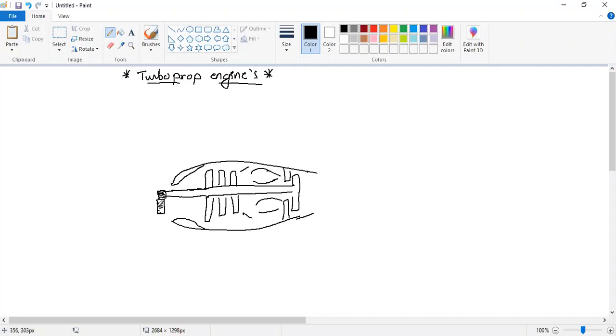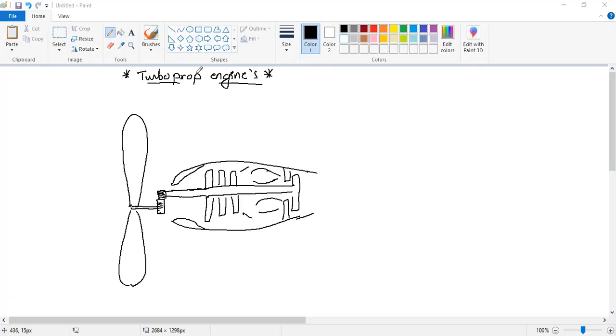And in the front we can install a propeller like this. Such type of engine are called as turboprop engine. Name itself suggests turbine engine plus propeller is called as a turboprop engine.